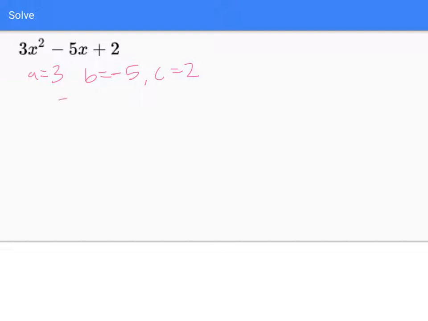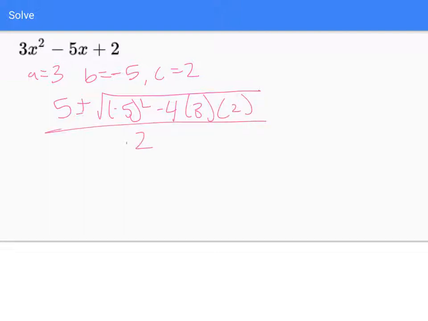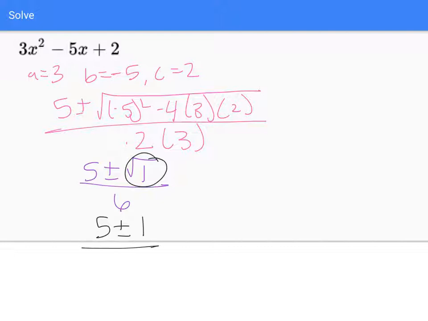So we have opposite b plus or minus the square root of b squared minus 4ac over 2a. 5 plus or minus the square root of 1 over 6. Well, by golly, this can be simplified to 5 plus or minus the square root of 1, which is 1.